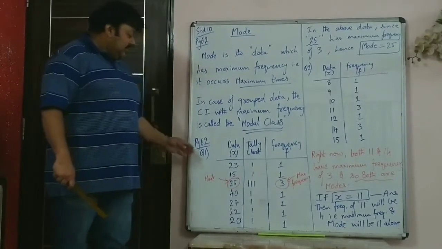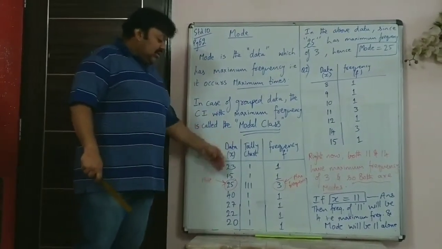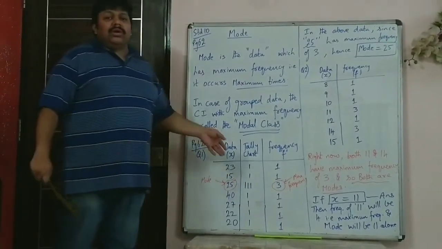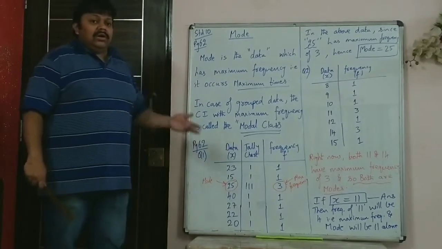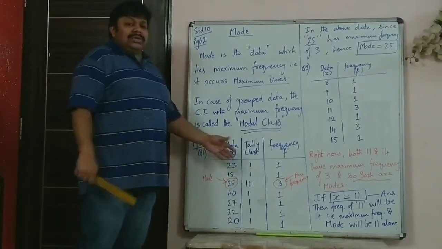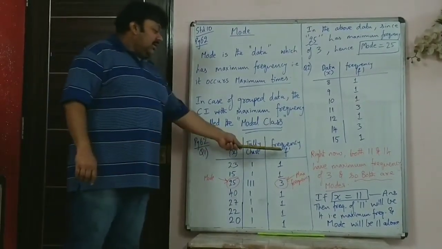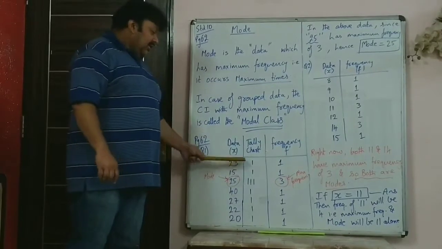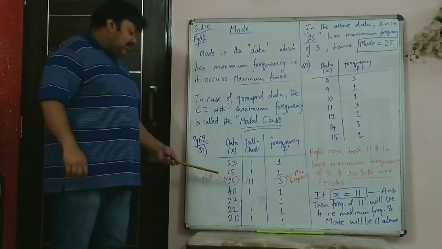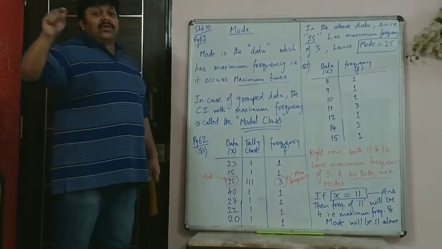This is very simple. Page 62 of Anish tutorial, question 1. You are given data. Here in this particular sum there is no need to arrange it in ascending or descending order. You can make the tally chart, not 100% necessary. You can even directly write frequency. So 23 happens once, 15 happens once, 25 is happening 3 times at 3 different places.